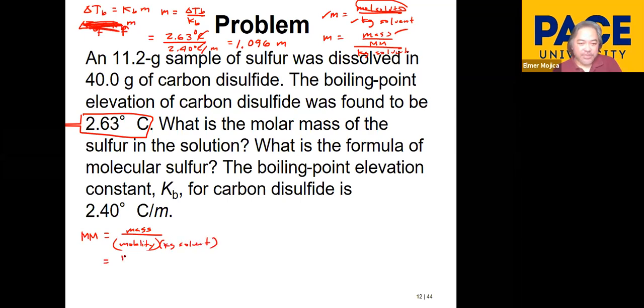And then we replace it with the given values: 11.2, 1.090696, and then the 40 that you need to make into a kilogram.